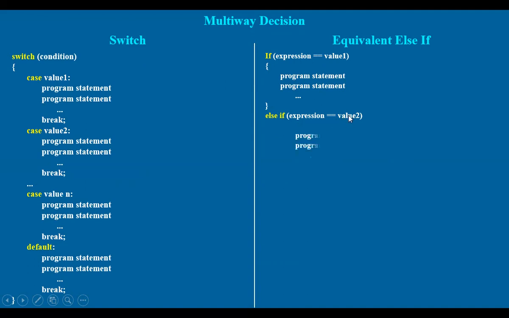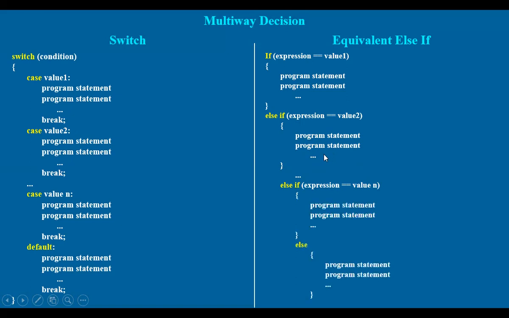If it is 2, then some set of operations will be done. And like this, it goes on comparing the value here. Depending on the value, we take a decision here and write some set of programs to do. So like this, the program goes on. Else, this is of course the default statement.